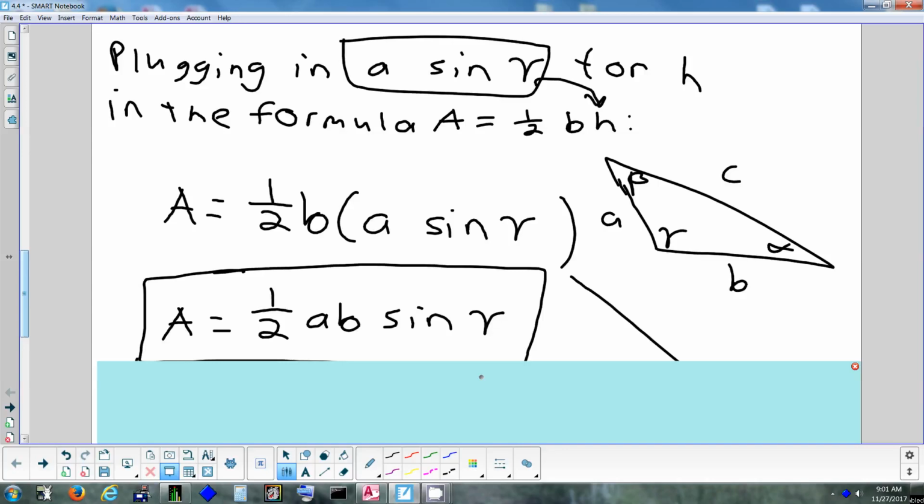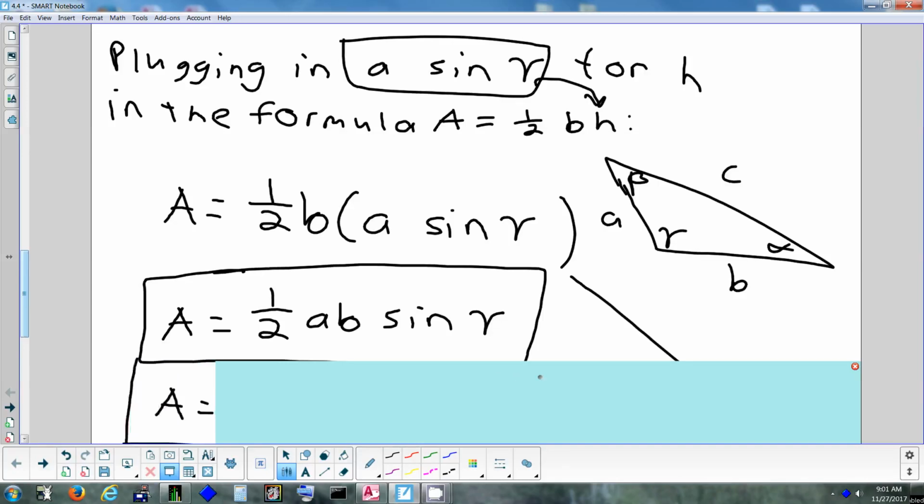Oh, Connor, do you see that? Where is gamma compared to the two sides in this formula, A and B? Yeah, A and B are the two sides of gamma, right? Side A is one side of the angle gamma, side B is the other.